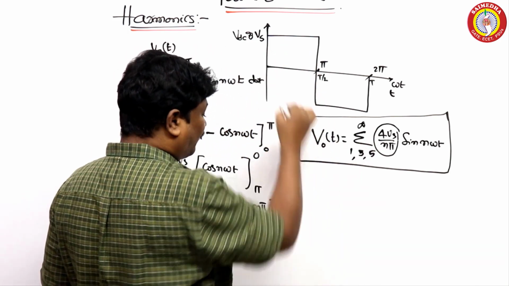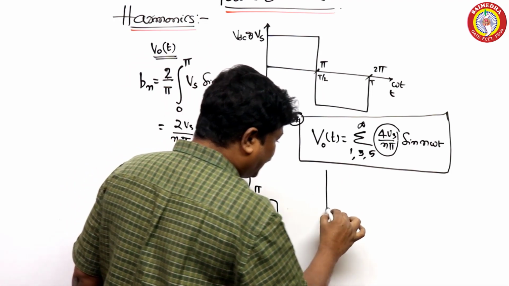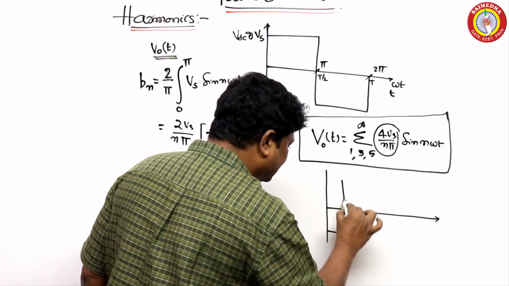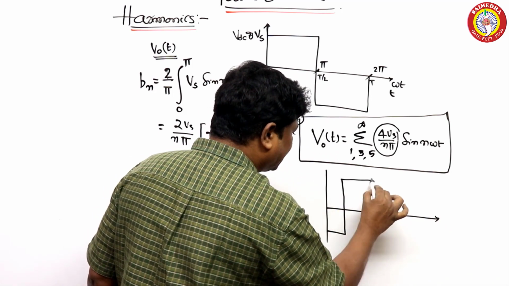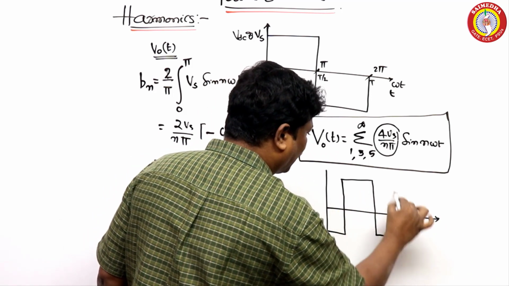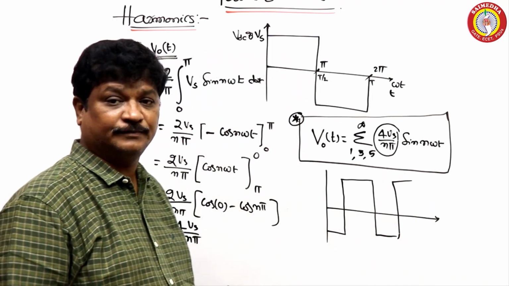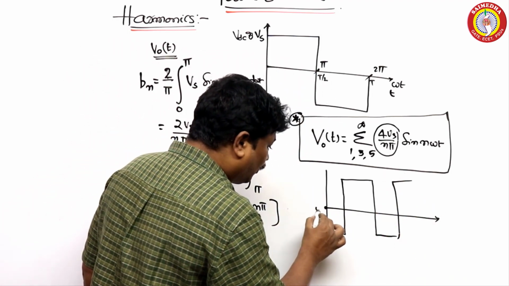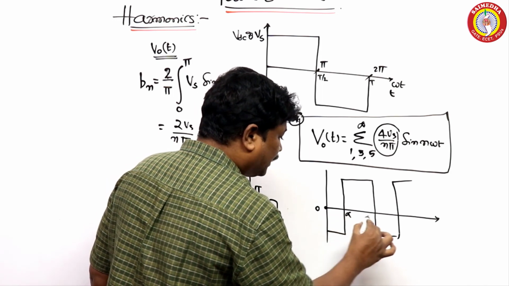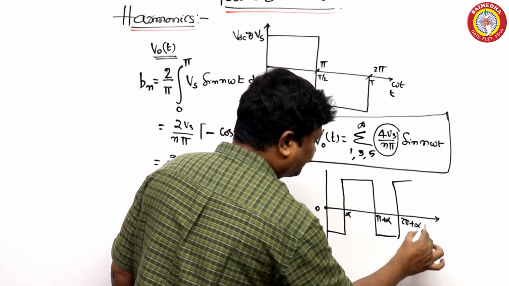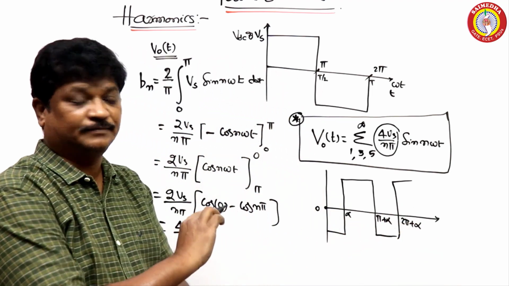Now, I have a similar waveform here, but the waveform is just right shifted by some angle alpha. So this is 0, this is alpha, this is pi plus alpha, this is 2 pi plus alpha.